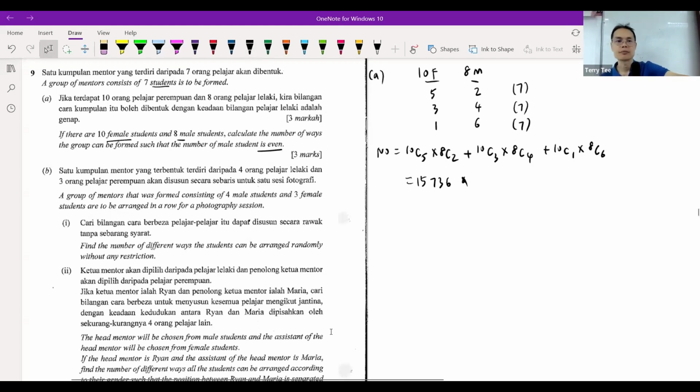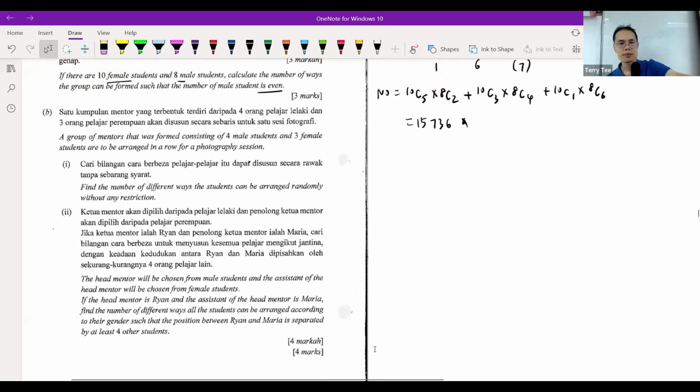Okay, let's look at part B. In part B, you have a group of mentors that was formed consisting of 4 male and 3 female, and they are to be arranged in a row for a photograph session. Now, the keyword is arrange. Arrange means permutation. Find the number of different ways the students can be arranged randomly without any restriction.